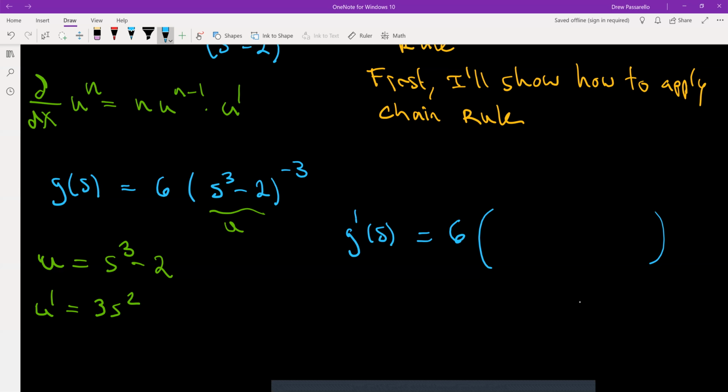I drop down the exponent because that's the general power rule, so it'd be -3, times s cubed minus 2. Then I subtract 1 from its exponent, so it'd be -3 minus 1. And now I multiply it by u prime. Well, u prime is 3s squared.